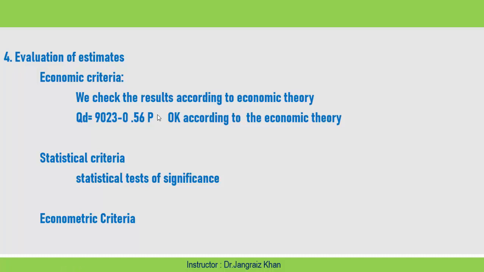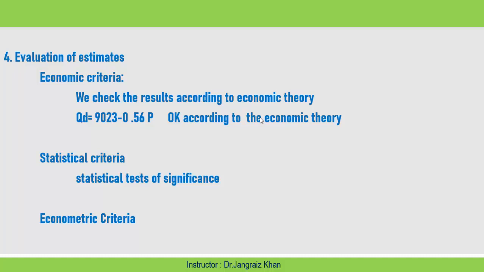According to this result, if the price increases, the demand will fall, and if the price falls, demand will increase. So it is okay according to economic theory, because the law of demand says, other things remaining the same, if the price rises, demand falls, and if price falls, demand rises. So the economic criteria approves this result.